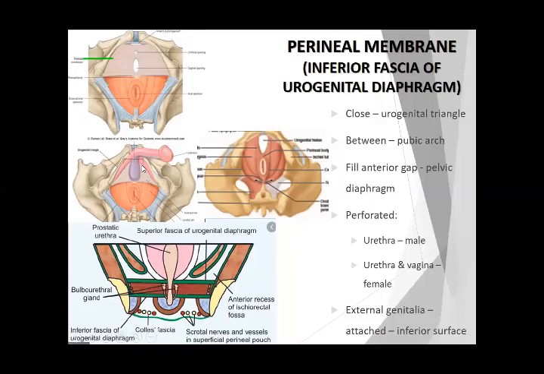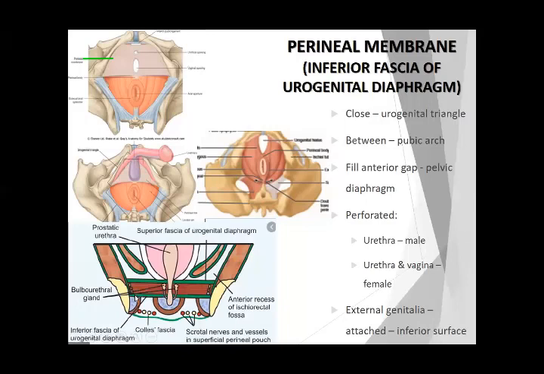Attached to the inferior surface of the perineal membrane are these structures, the external genitalia. This is the same perineal membrane over here. They are attached to the inferior surface or the under surface of the perineal membrane.